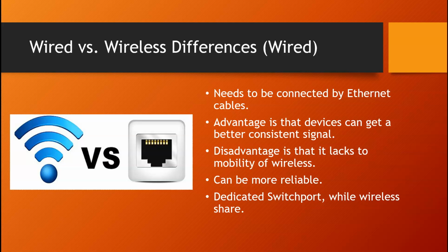One of the advantages to this is that you can get a much more consistent signal, because one of the problems with wireless is that sometimes you can get dropped off the network, and that can lead to issues if you're trying to turn something in, or work on a project, but you can't connect to the internet. But one of the disadvantages to a wired network is the lack of mobility.